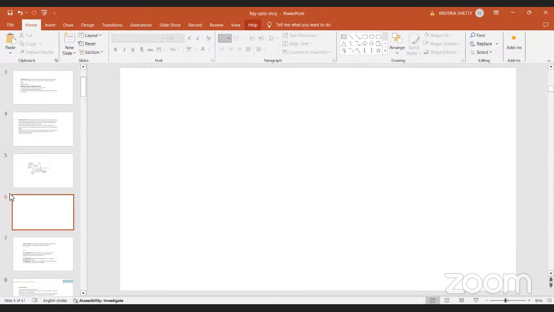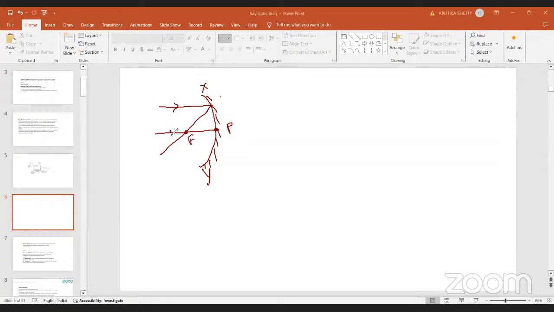For that we are considering a mirror. Consider XY as a mirror. Here, this is the pole. This is the incident ray. This incident ray, after reflection, is passing through the focus. So this is the focus point.